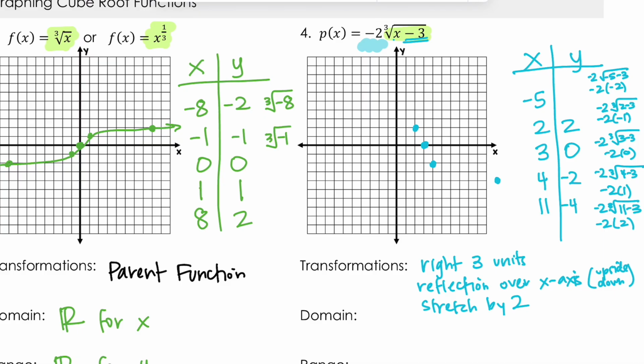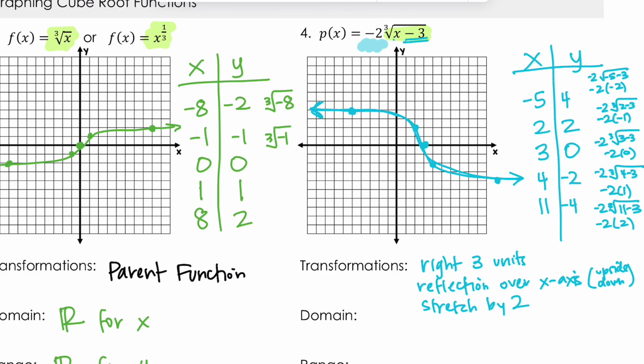And then I have the -2 out front. So -2 times -2 is +4. So the last point I'm going to plot here is -5 comma +4. And that's kind of enough for me to get this little squiggle graph that goes smoothly through those points that we tried to do. Okay.